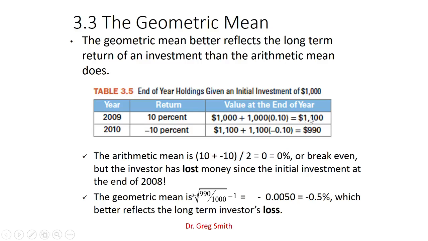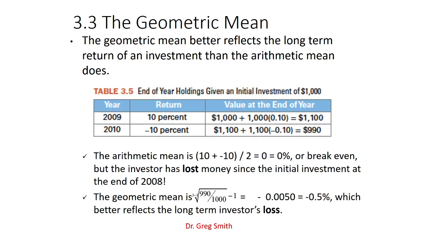at the end of the first year, I'd have $1,100. But that $1,100 is now taking the force of losing 10% of its value, or $110. So at the end of 2010, I wouldn't have $1,000. I'd have only $990. So we know that we're less than $1,000, so there is a negative return.